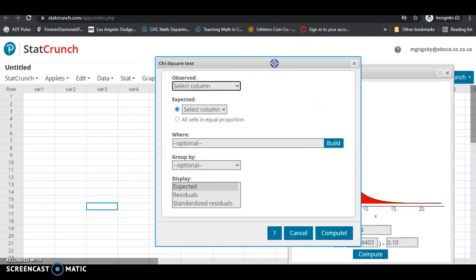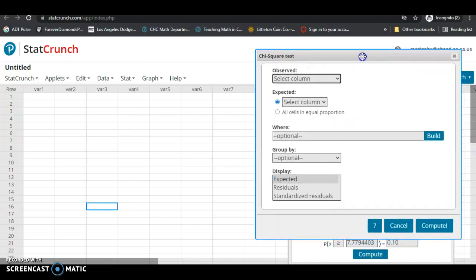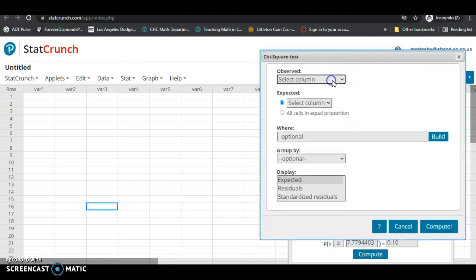Okay, and what we need to do is enter the observed and then expected frequencies from the problem.